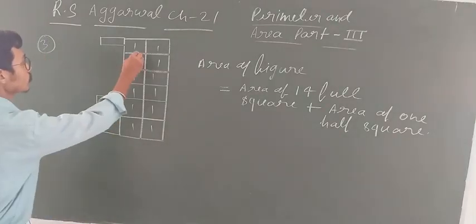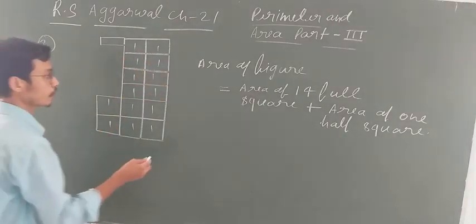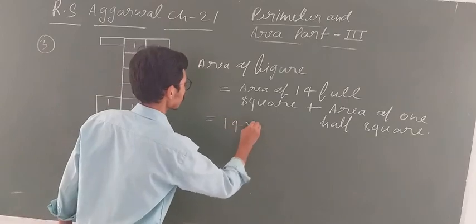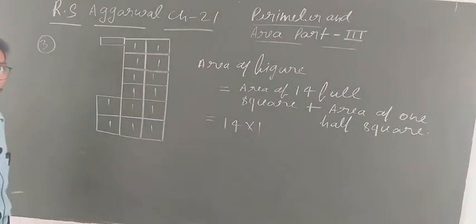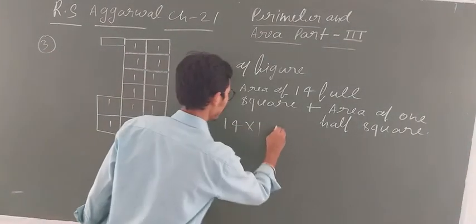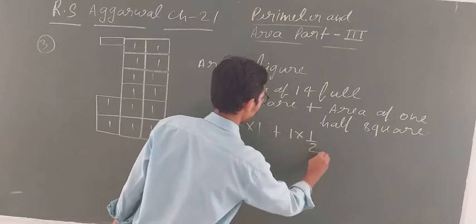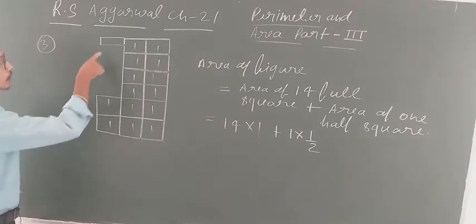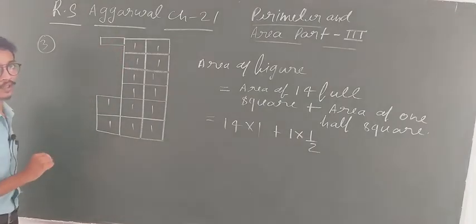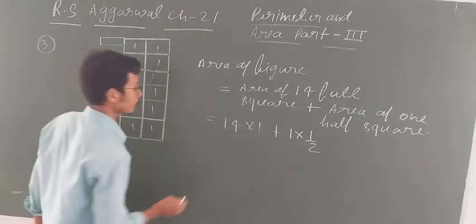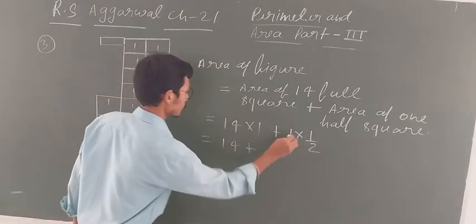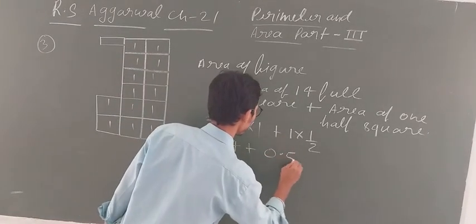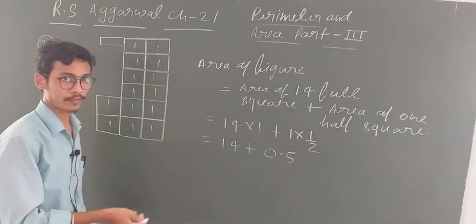Now you know that 14 full squares means 14 multiplied by 1, because the area of 1 square is 1 square centimeter, and 1 half means 1 multiplied by 1 by 2, because this one has an area of half, so half of 1 means 1 by 2. So this will become 14 plus 1 by 2, and 1 by 2 means 0.5 when you divide.